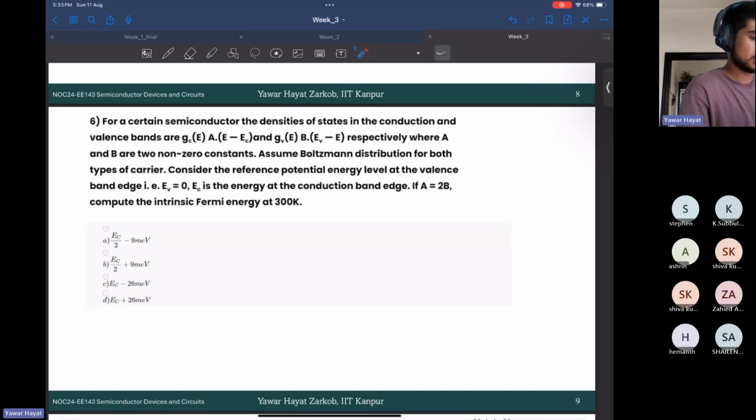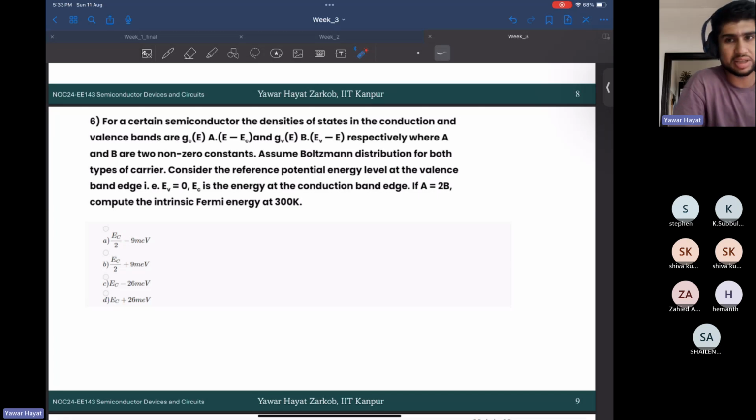You need to assume the Boltzmann distribution for both types of carriers. Consider the reference potential energy level at the valence band edge, that is EV equal to 0. EC is the energy at the conduction band edge. If A is equal to 2B, you need to compute the intrinsic Fermi energy at 300 Kelvin. That is your question. Please attempt this and let me know if it's A, B, C, or D.